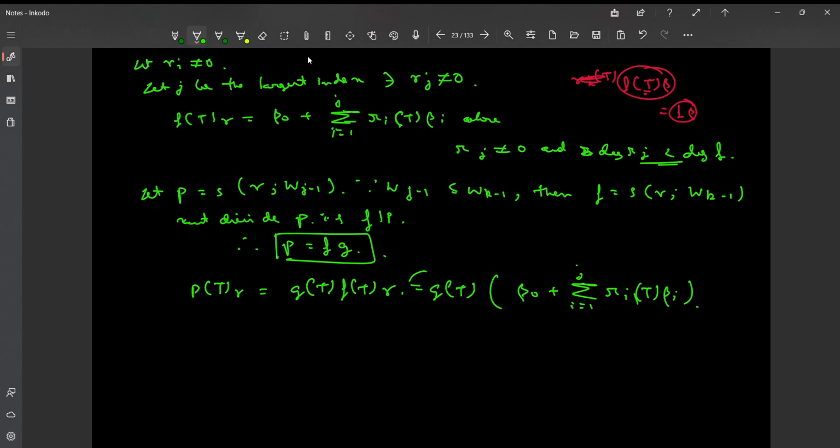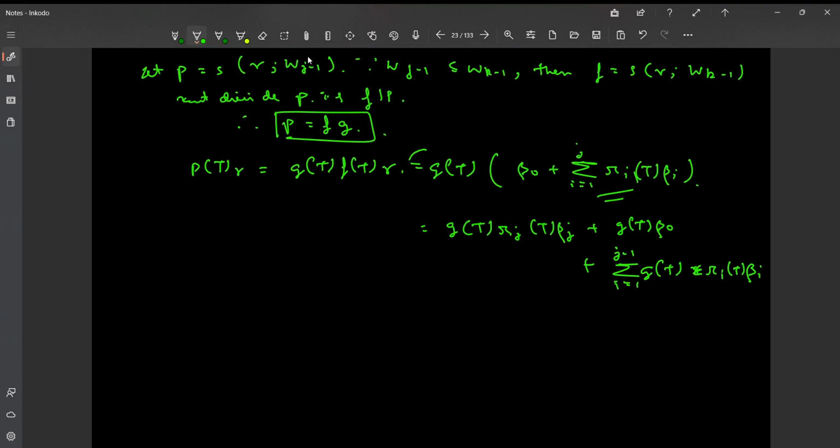Now we just separate the jth term from this summation part. So it's g(T) rj(T) beta j plus g(T) of beta naught plus summation over i equals 1 to j minus 1 of g(T) ri(T) beta i, correct?